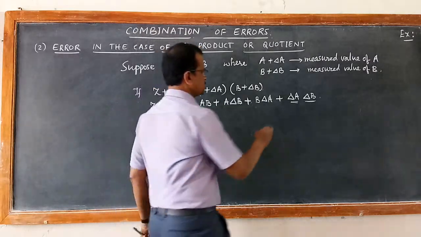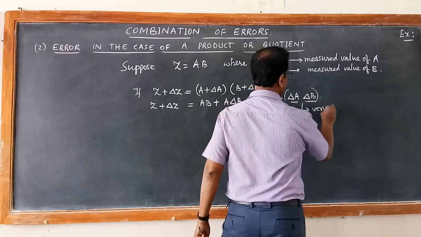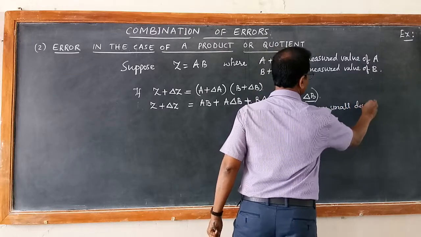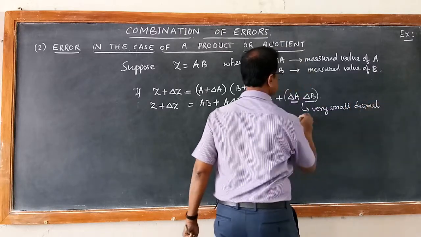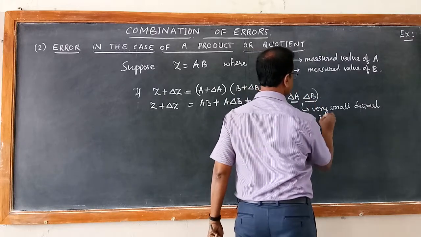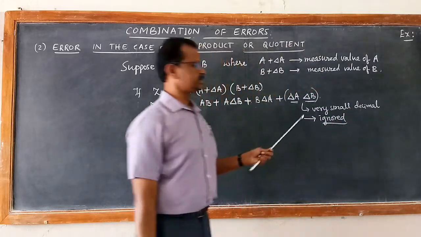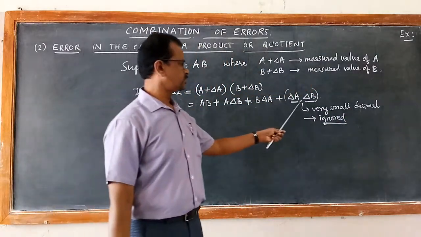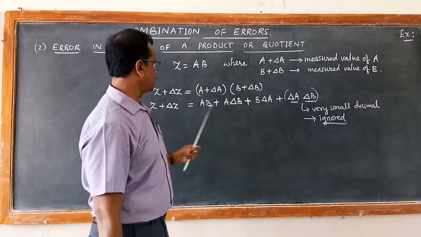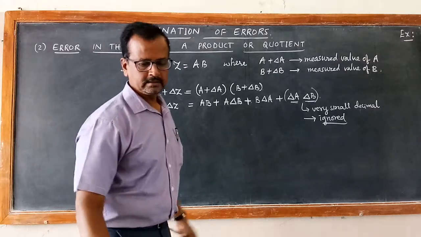So this quantity, delta A delta B, is ignored. Since the product of two decimals is going to be still smaller, it can be neglected. So you are left with AB plus A delta B plus B delta A.